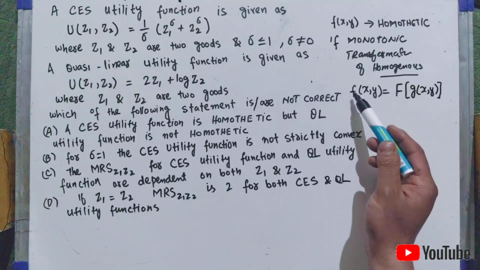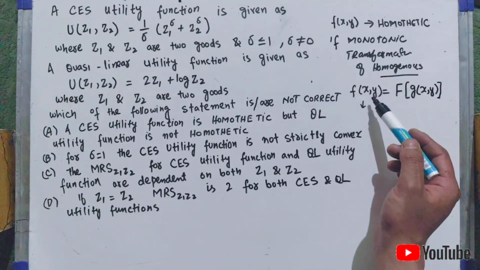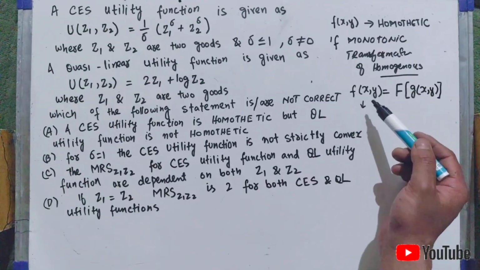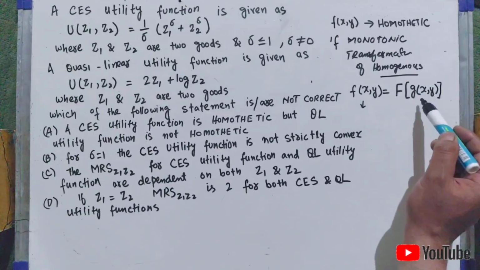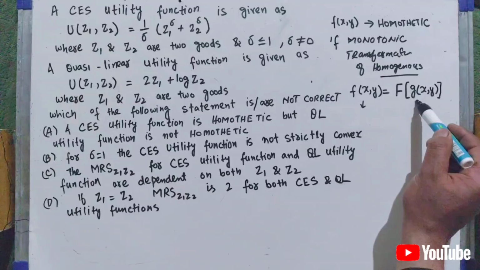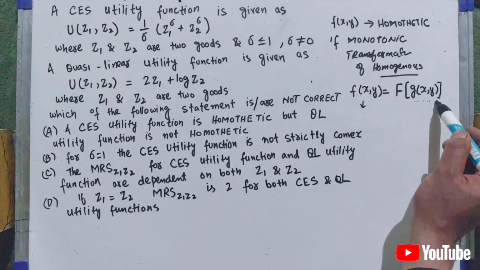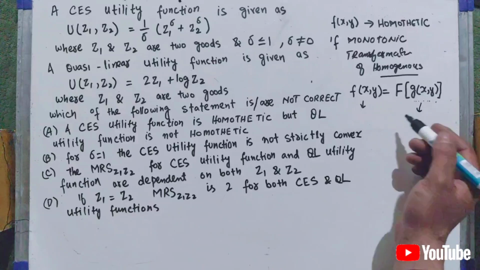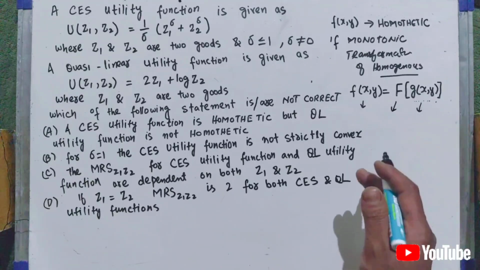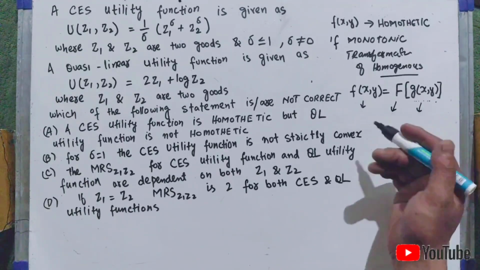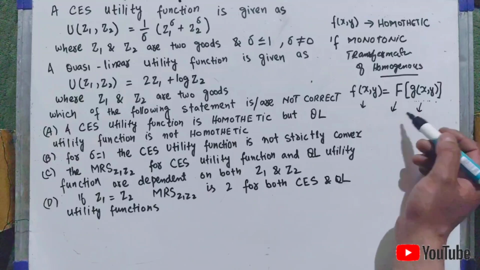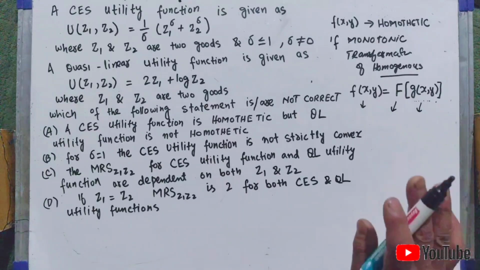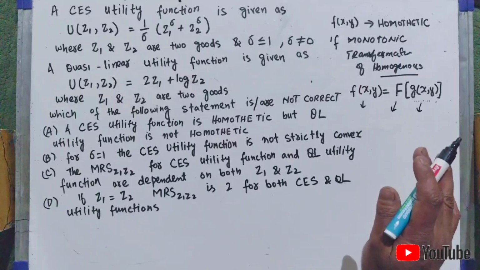I am saying this f of x, y is a homothetic function if it is a monotonic transformation of another function which is homogeneous. So g is a homogeneous function, and capital F is a strictly increasing function or monotonic transformation.